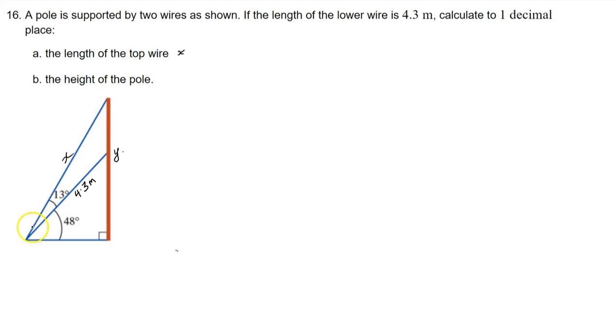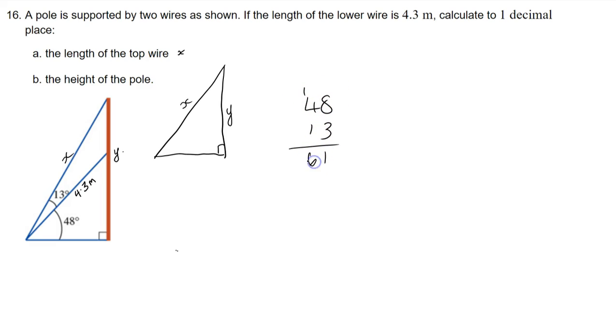So if we had one big triangle here with Y and X, and 48 plus 13 is 61 degrees here. If we could figure out one of these sides, it would give us all the rest of them. So we've just got to find one of those sides and then we can find X and Y.